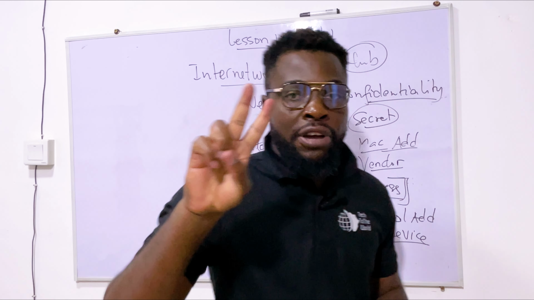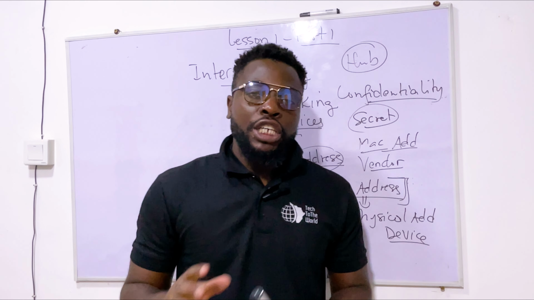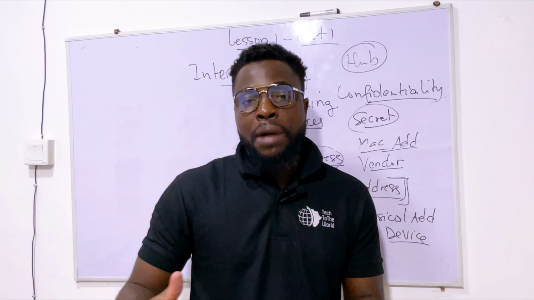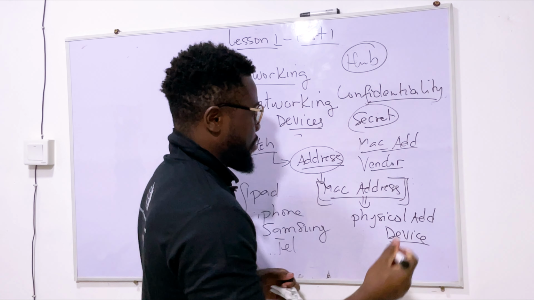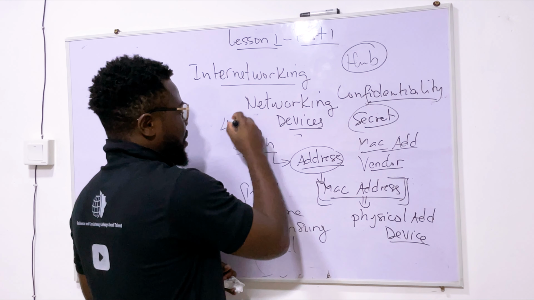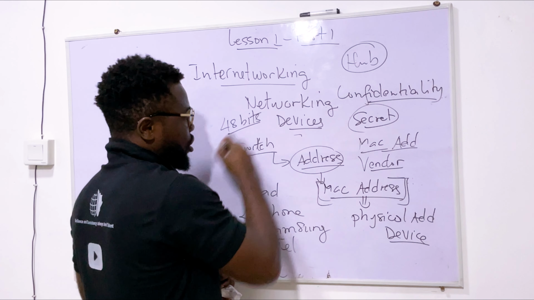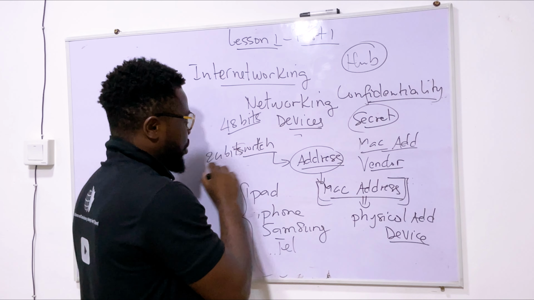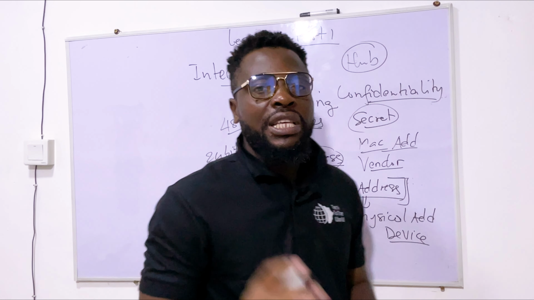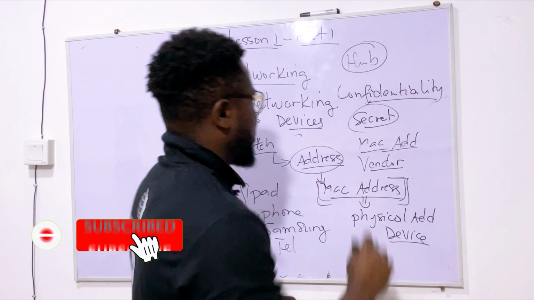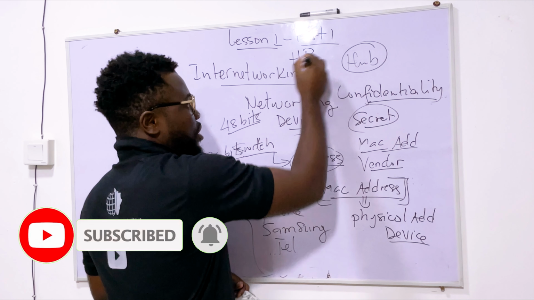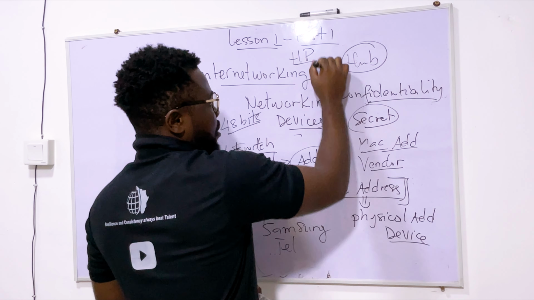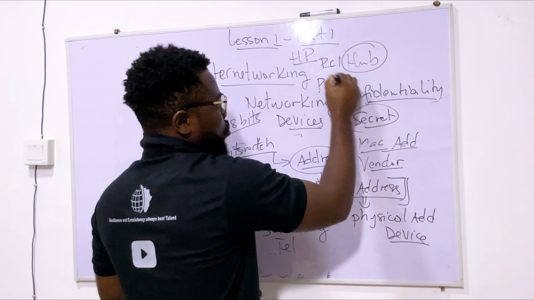And when you see two devices coming from the same vendor, you can easily recognize them by looking at the MAC address, because when you look at the MAC address, which is 48 bits long, the first 24 bits are unique for the devices coming from the same vendor. For instance, if you take HP, when you take two laptops, let's say PC1 and PC2.